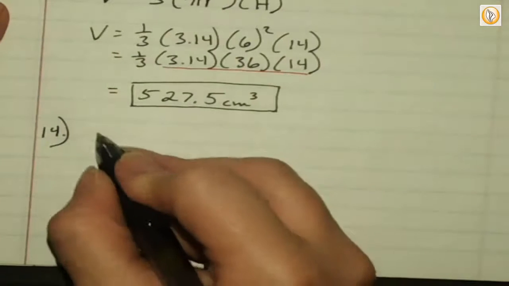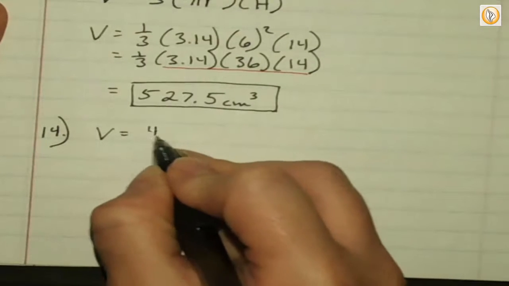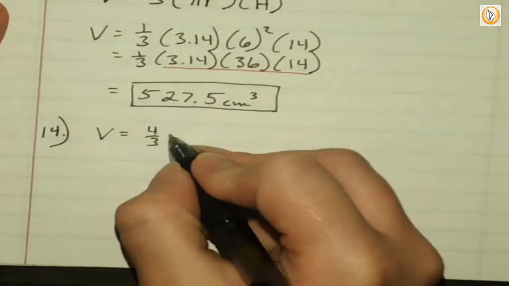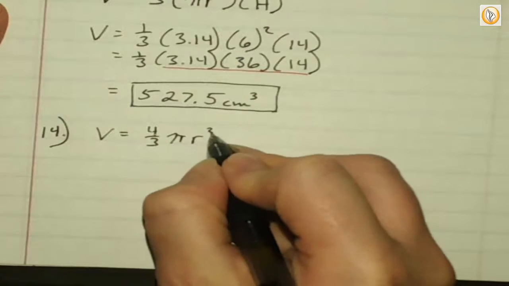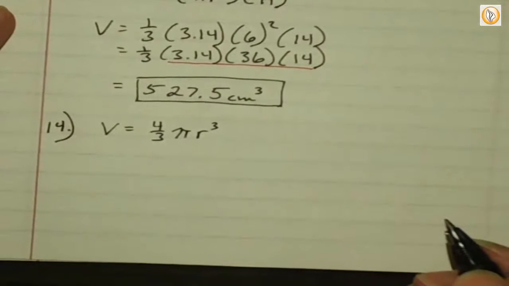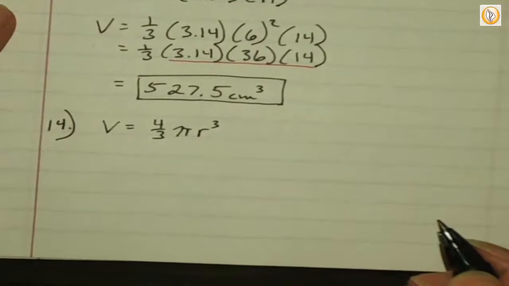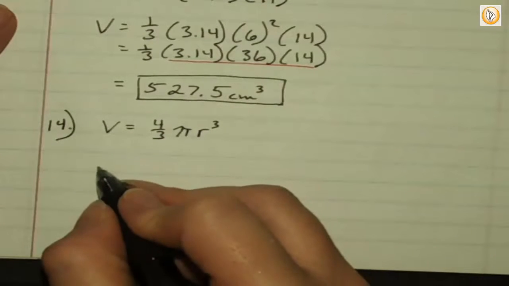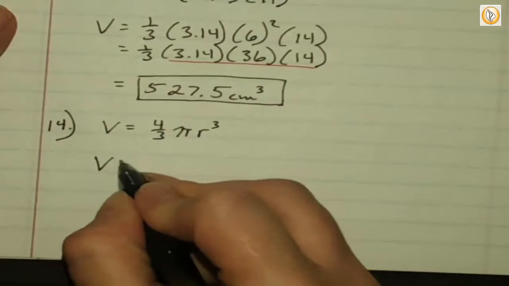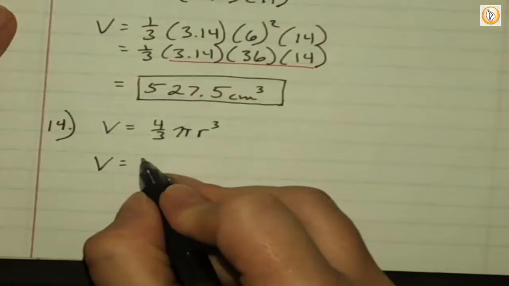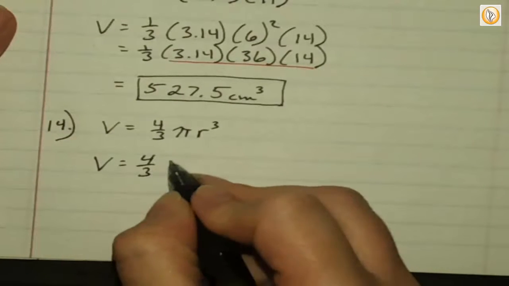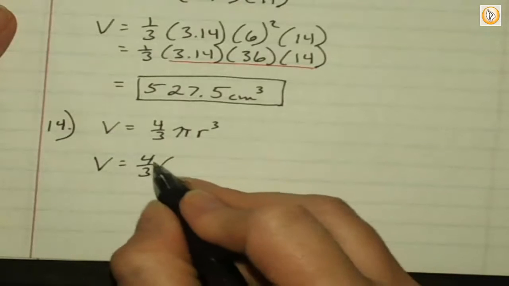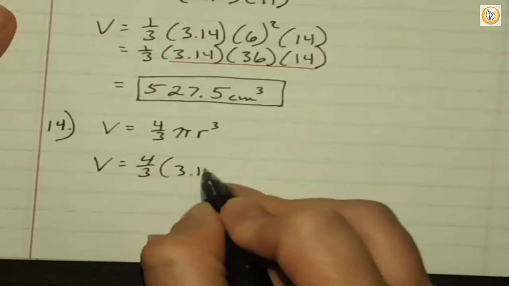So, for this one, its volume equals 4 over 3 times pi r cubed. So the surface area was pi r squared. So, we have 4 over 3 times 3.14.